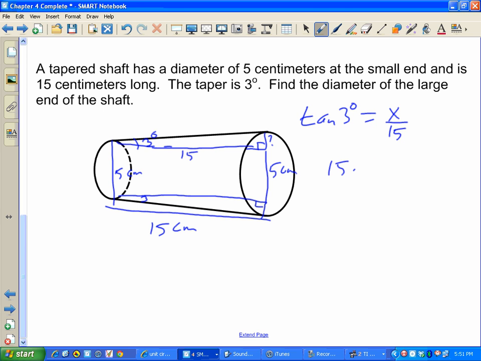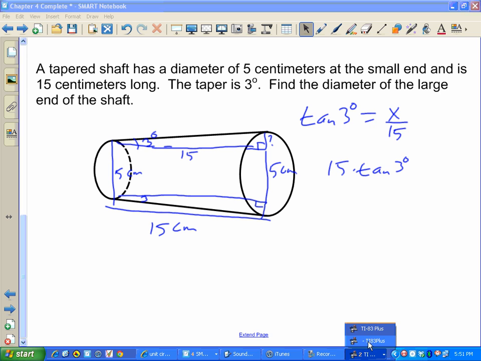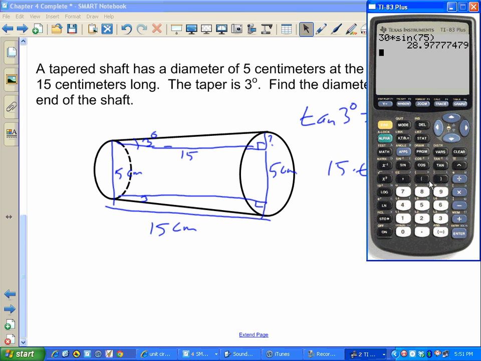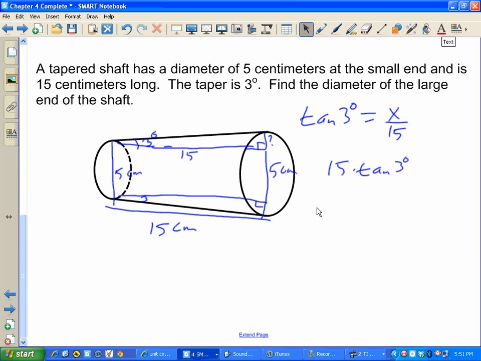If I solve for x, I have 15 times the tangent of 3 degrees. I get 0.786 centimeters. That's what this is.